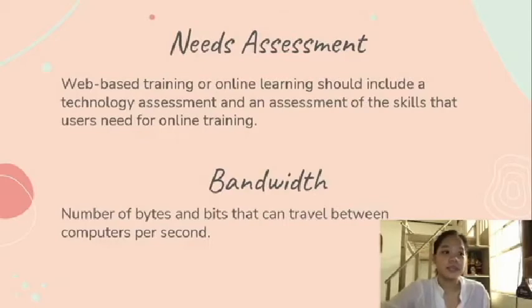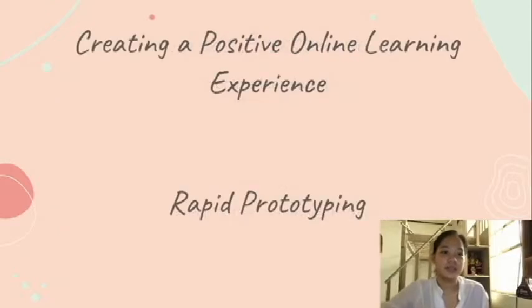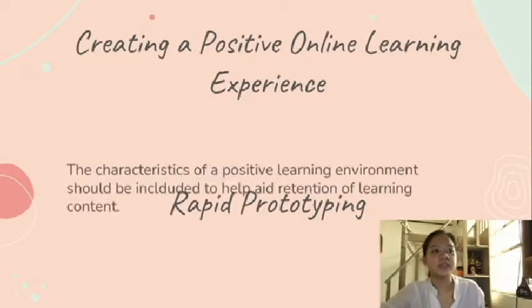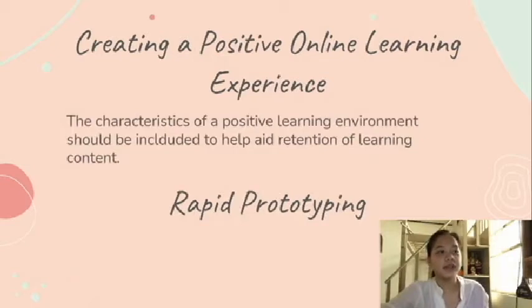So the next one is creating a positive online learning experience. The characteristics of a positive learning environment should be included to help aid retention of learning content. Flowcharts or storyboards should be created that include all of the course components such as a main menu, modules, web pages for each lesson, assessments, discussion forums, images, scholar specifications, and help menus.